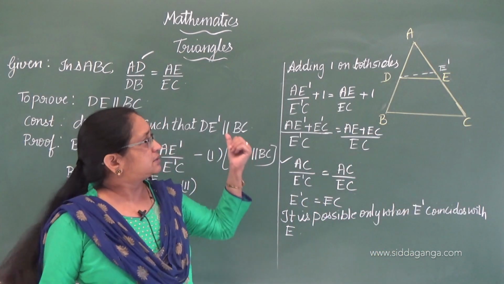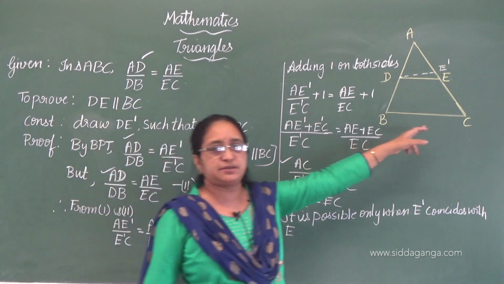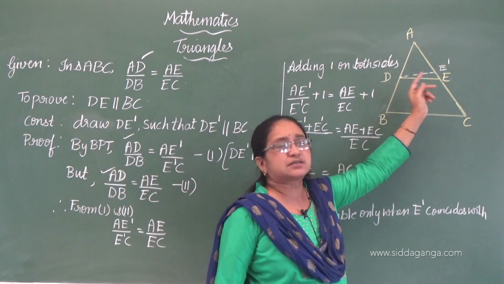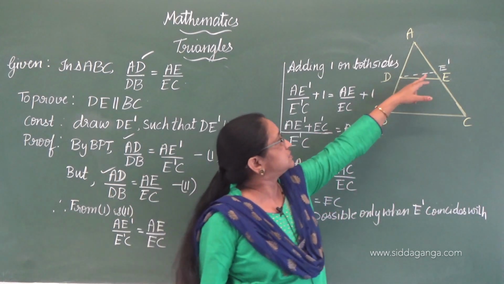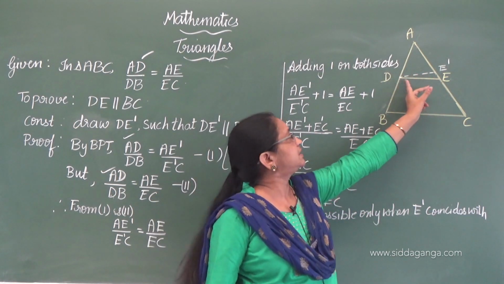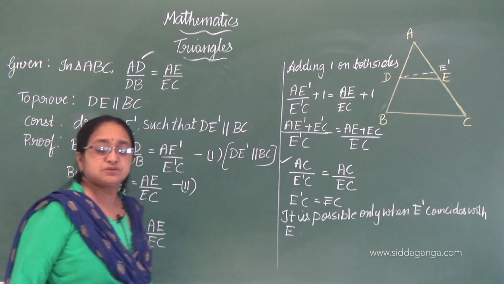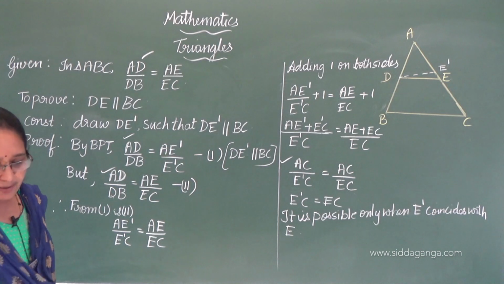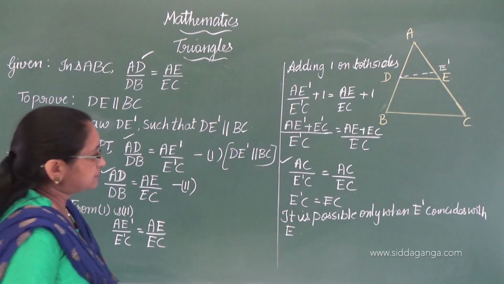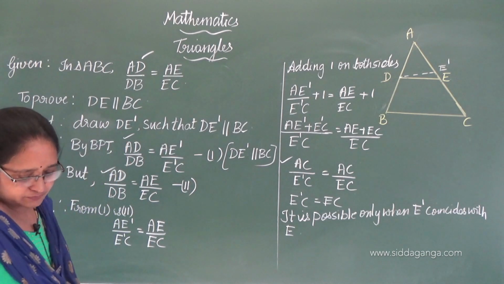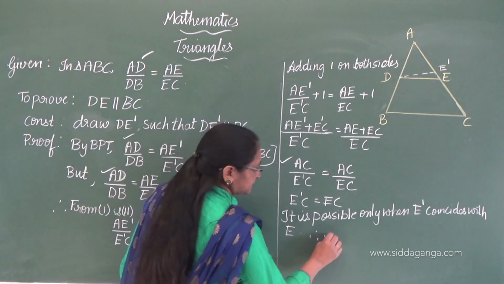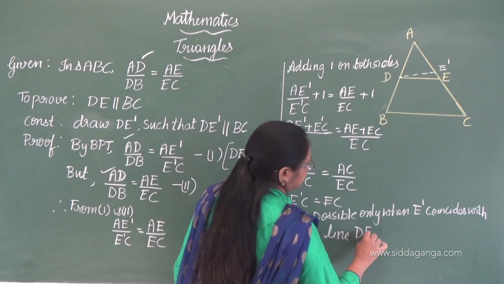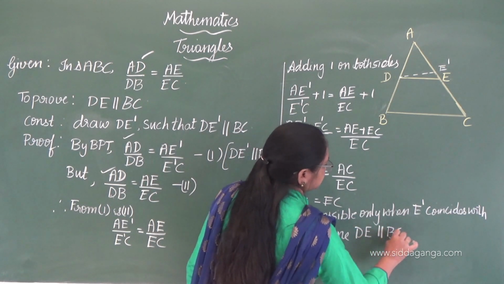So, DE dash is parallel to BC, and DE dash and DE coincide with each other, so definitely DE is parallel to BC. That conclusion you can write. Therefore, line DE is parallel to BC.